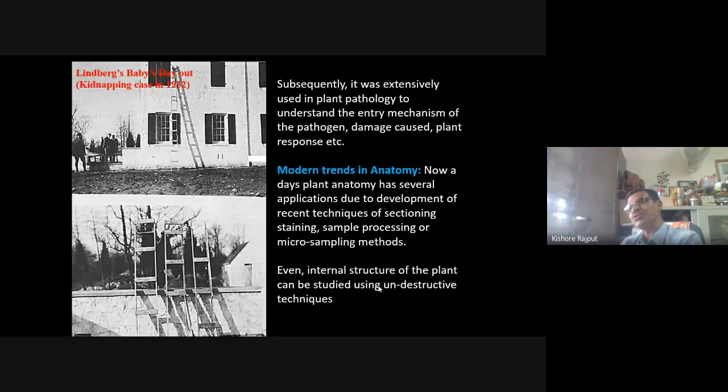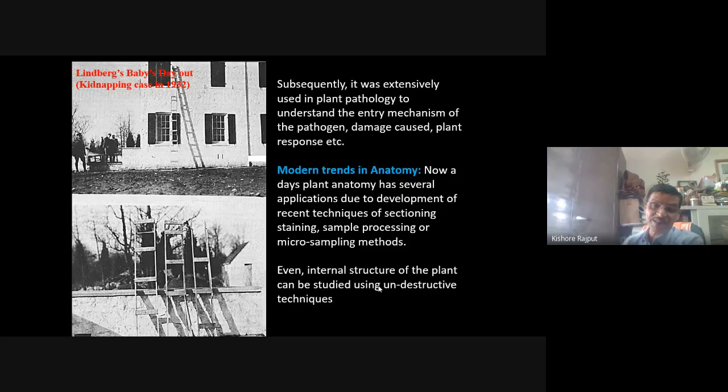Gradually that subject developed a lot through Katherine Esau. She made a major contribution in general anatomy. Otherwise, if you omit Katherine Esau, most of the work goes to the commercial point of view, that is timber identification only. Now, recently, what is happening in anatomy?